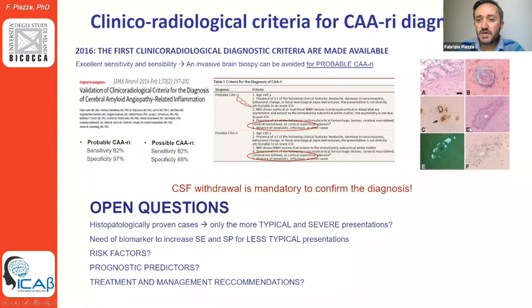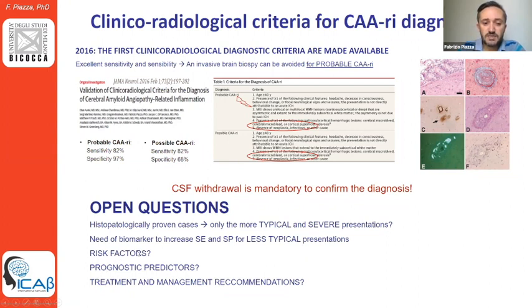But of course, you perform a biopsy in these patients only when you have a suspicion, and so these patients are probably the more atypical or the more severe presentations, and you would like to really investigate the disease. So there is some concern about the generalizability.